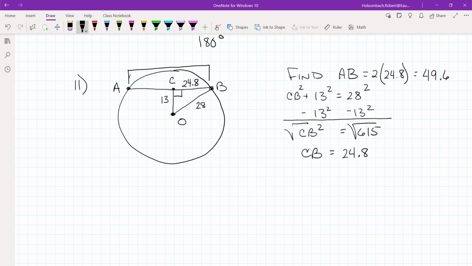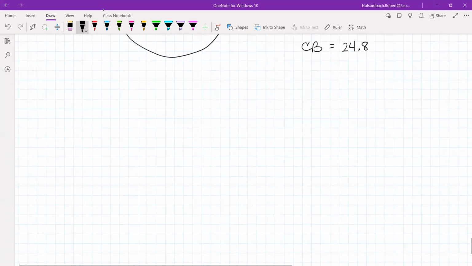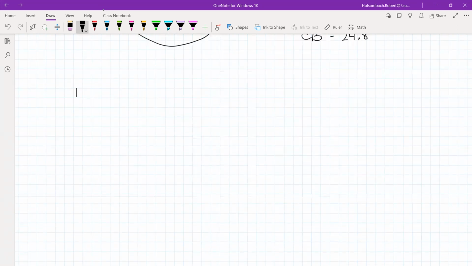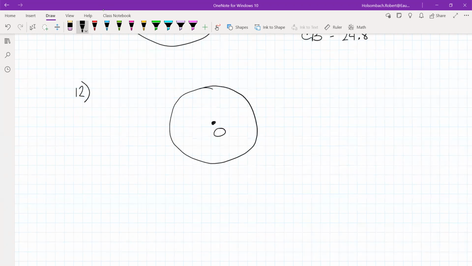All right, and last but not least, number 12. And one more circle O. And we've got point Q on top of this circle, and it connects to O, forming a radius.